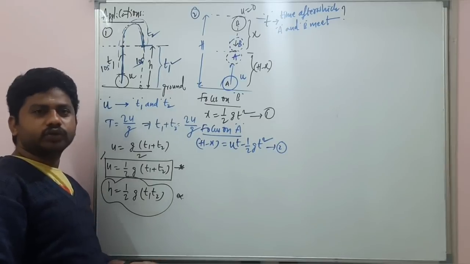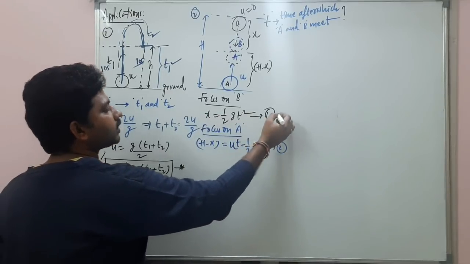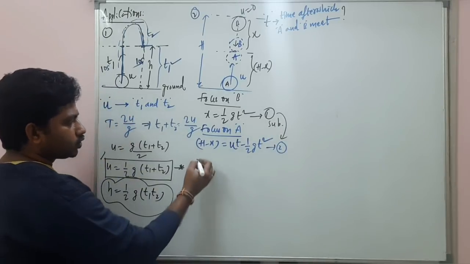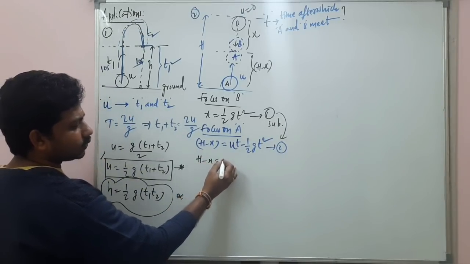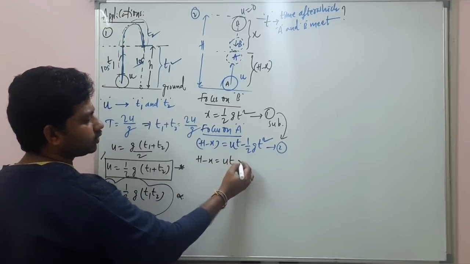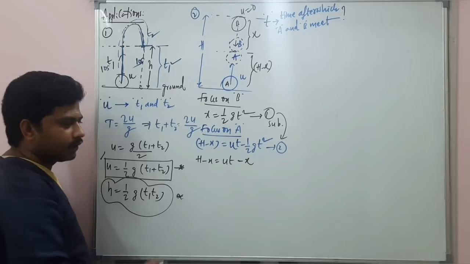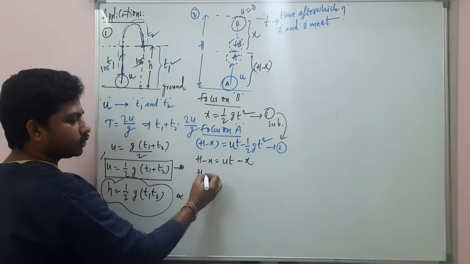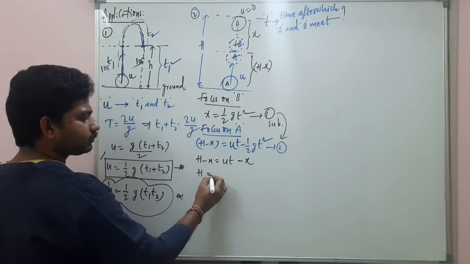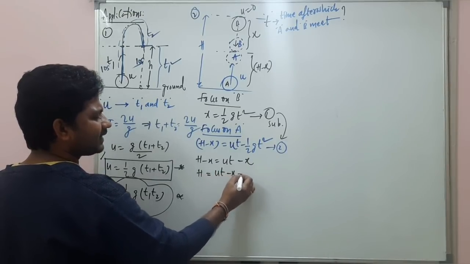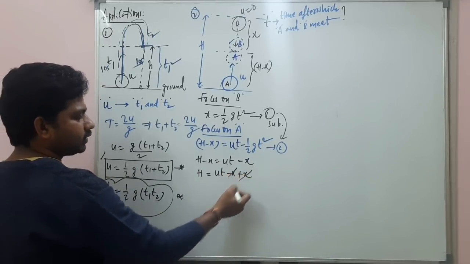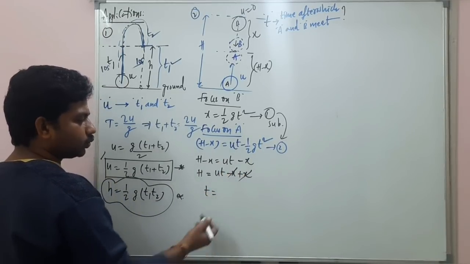Just what you need to do here is substitute this x value here. So h minus x is equal to ut minus half gt square, which is x, right? So ut minus x. So h is equal to ut minus x plus x. This minus x goes to the other side. So they cancel. So from here t is equal to what?